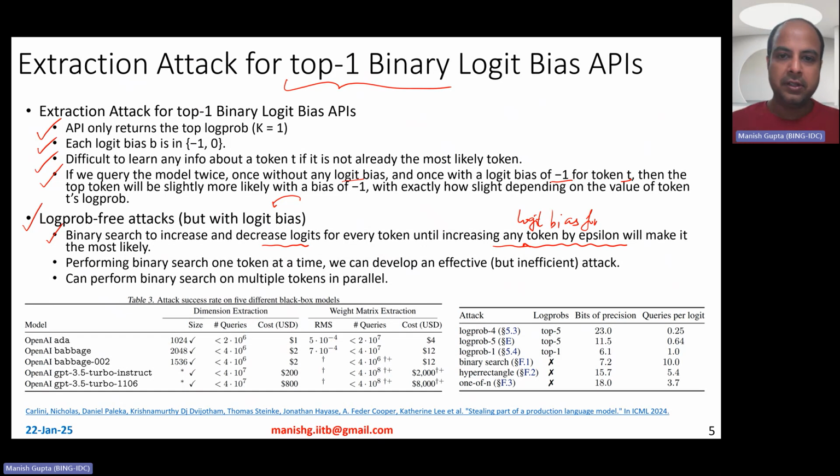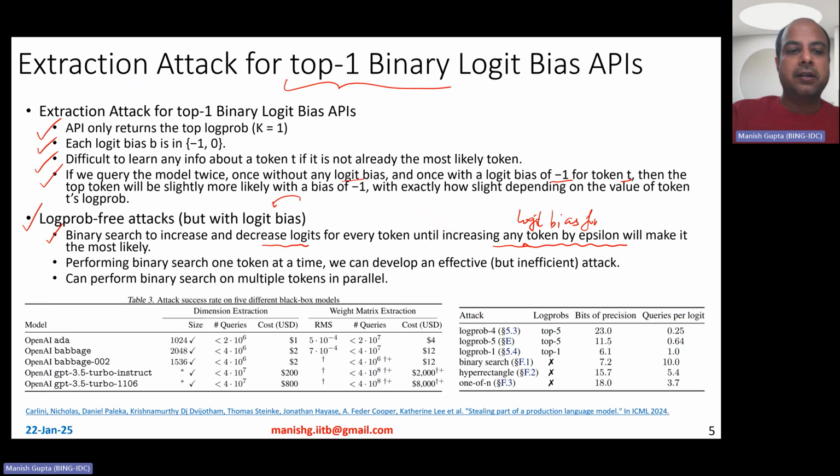You keep increasing for every token, not all at the same time, but for every token, you try to increase the logit bias score for the token by epsilon, in a binary search manner, until you figure out that point where increasing or decreasing it is going to change whether it is being returned as the topmost token or not.